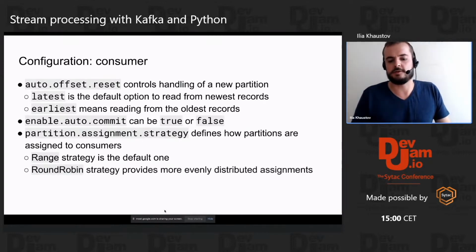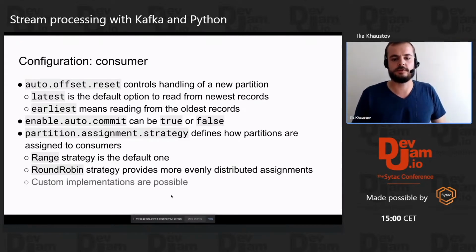But in case of heavy load, it is advised to use round robin. Why? Because if you have a lot of topics that one consumer reads from, it will assign partitions like first from first topic, second from second, third from third, and so on, going around. In this case, you may end up with a more even distribution of load between consumers reading from different topics. And of course, if it's not enough, you can implement your own implementation in Java. Put the file into Kafka directory and use it.